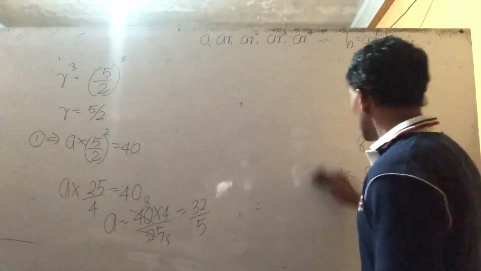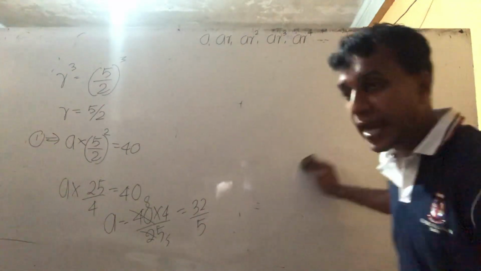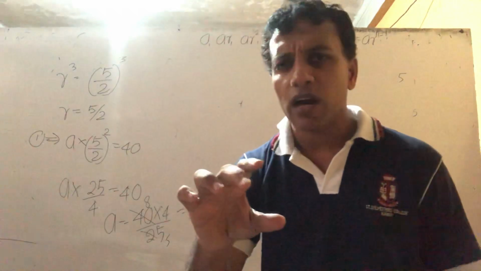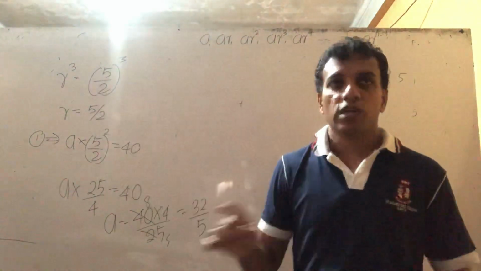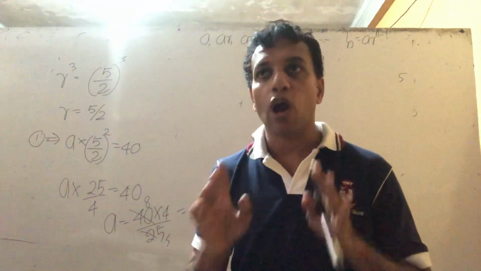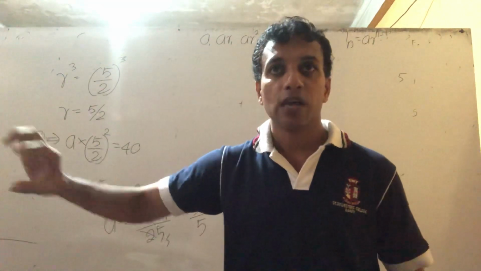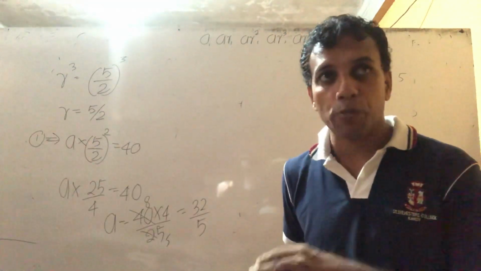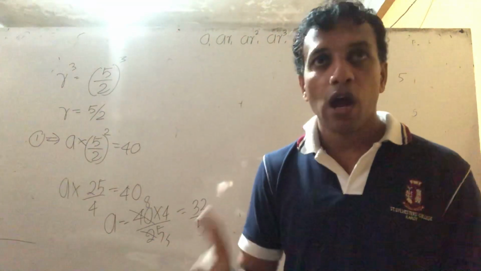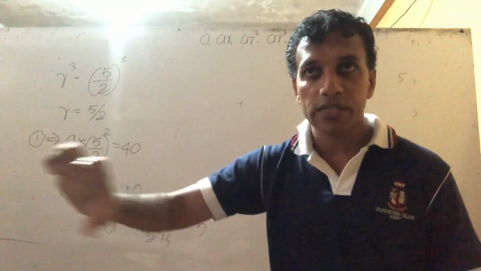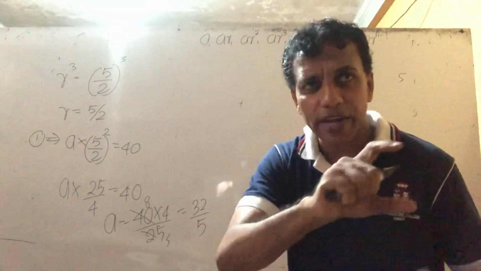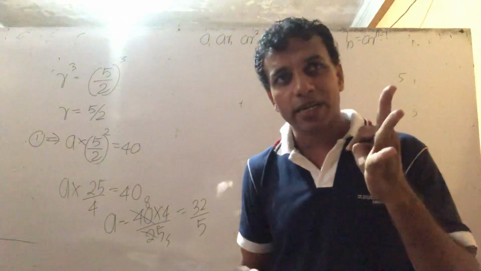In some questions they extend the problem. They ask you to write the series. If you know A and R, you can write the series. I show that also here, you can copy it. If A is known and R is known, write the series. Write a few terms: first term, second term, third term.